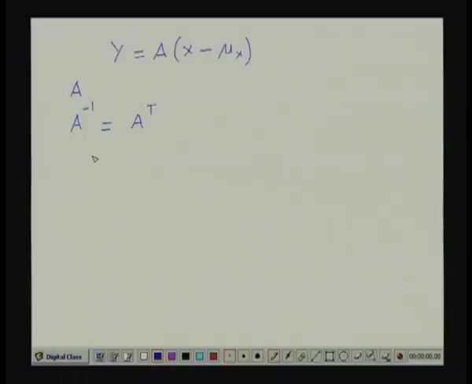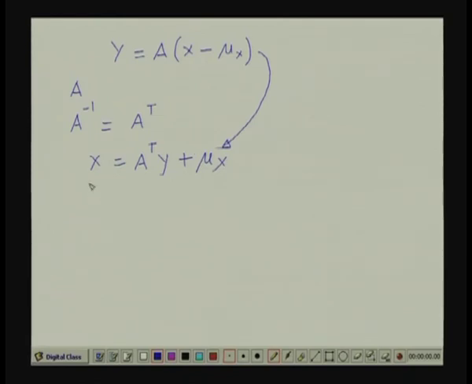If you simply take the transpose of the transform matrix A, you get the inverse of A. So, from the forward KL transform, we can very easily find the inverse KL transform to reconstruct x from the transformed data y, and in this case the reconstruction expression is very simple. It is given by x equal to A transpose y plus mu x. This is a direct derivation from the expression of the forward transformation.